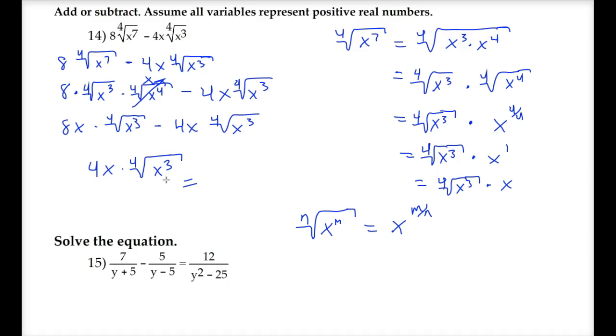So now we'll go ahead and move on to number 15. So for number 15, we realize that this is a rational equation. And so in dealing with rational equations, there's two things that we want to do before we get started. The first thing that we want to do is we want to figure out what solutions we know we can't have before we begin.